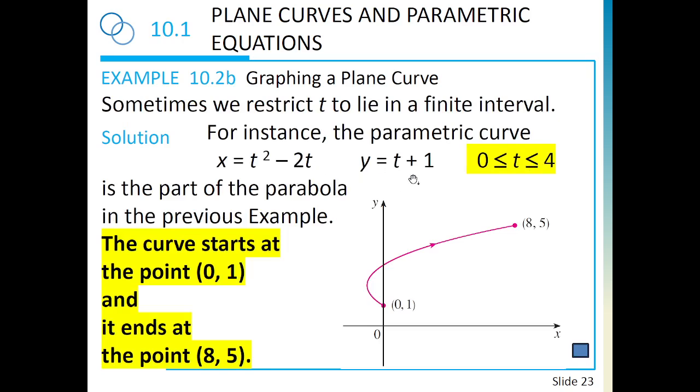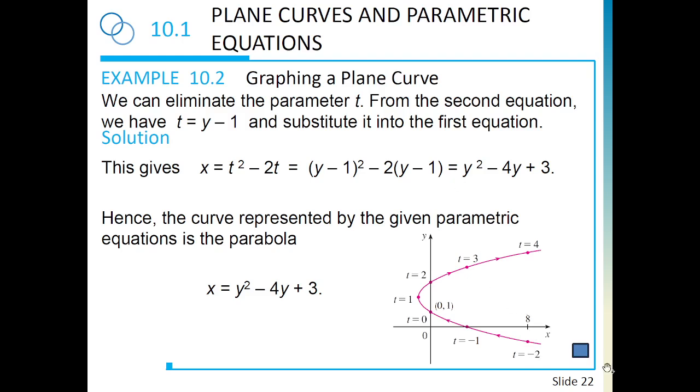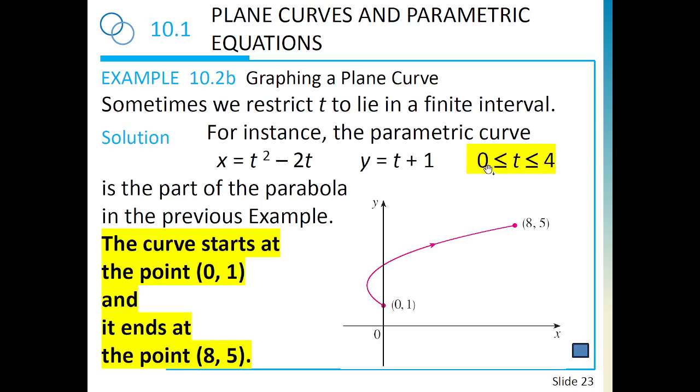Here we have the same expressions, but t is limited from 0 to 4. So previously t was free, so we had a curve that goes all the way. Now if we have t going from 0 to 4, the starting point is t at 0, so that's x 0 and y 1, and then the next point we take, let's say t equal 1.